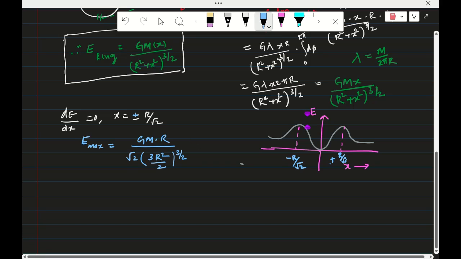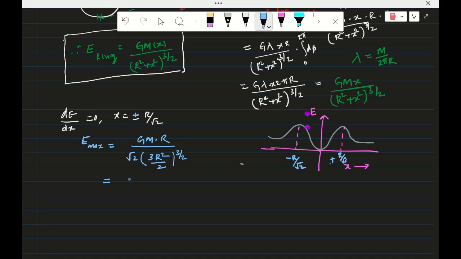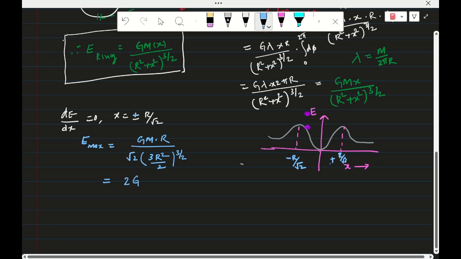Now this will be simplified: that equals 2 gm by 3 root 3 into r square, the root 2 gets cancelled, r cube above and r below, therefore r square. So the maximum field of the ring, E maximum, at x equal to plus or minus r by root 2, is equal to this value.